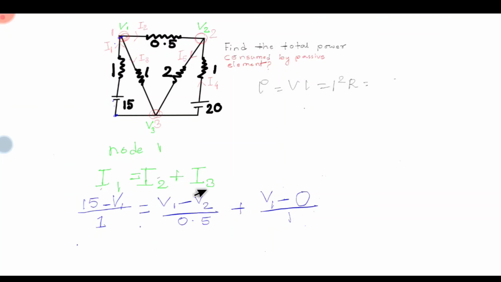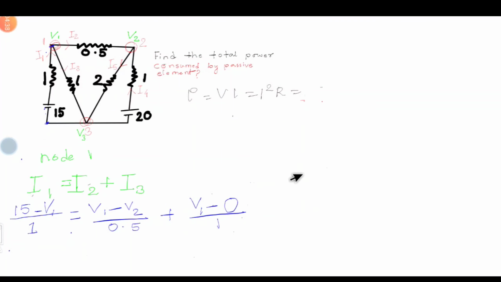Now we will find another equation for node 2. For node 2, the KCL equation: I4 and I2 are inward at this point, and I5 is outward. So the equation is I4 plus I2, inward, equals outward, which is I5.